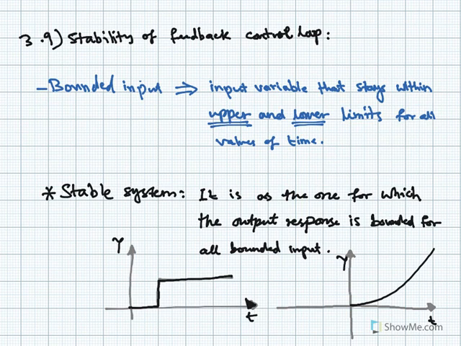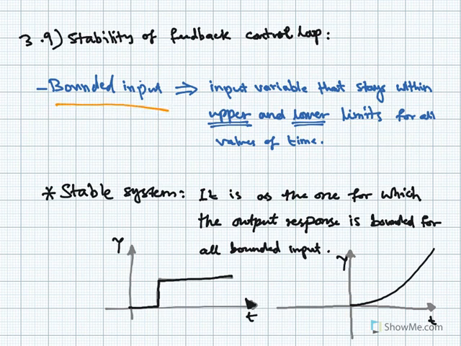Bounded means limited or restricted, with defined upper and lower limits of the signal. So if the output of the system exhibits an unbounded response to a bounded input, we call it an unstable system.